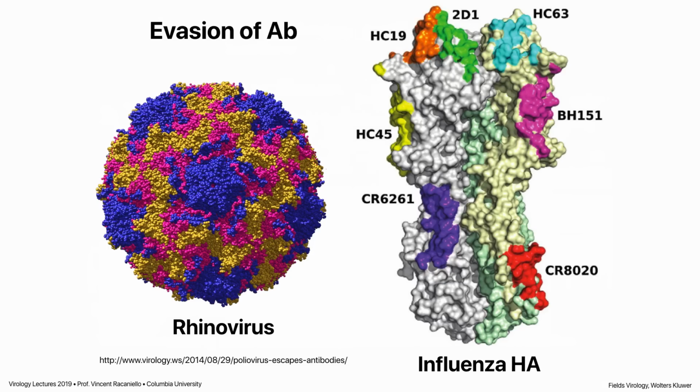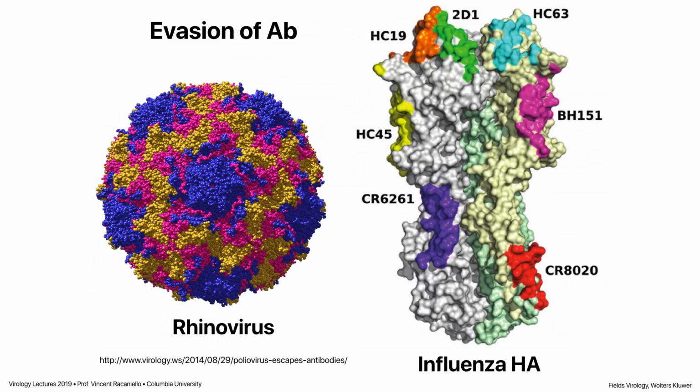The problem is from year to year, the virus can change these epitopes. One amino acid change in any of these epitopes is enough to evade antibody binding. And so this is what the virus does from year to year. It undergoes antigenic drift. As it multiplies in a population that has antibodies against it, variants are selected that escape neutralization.